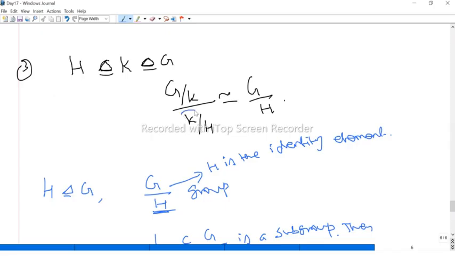So whenever we define the quotient, here I am defining the quotient. I think I made some mistake.